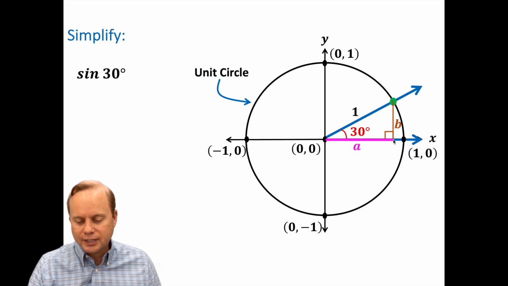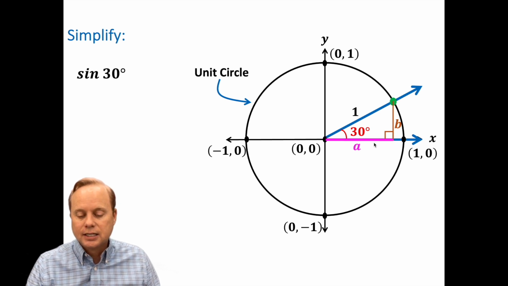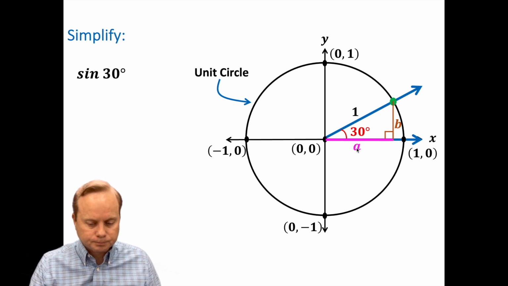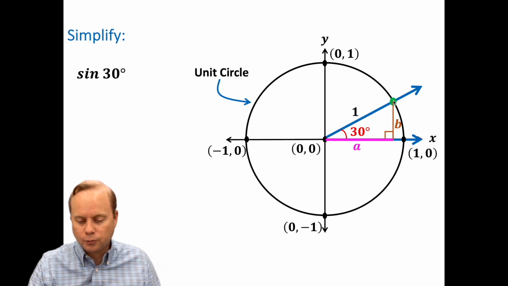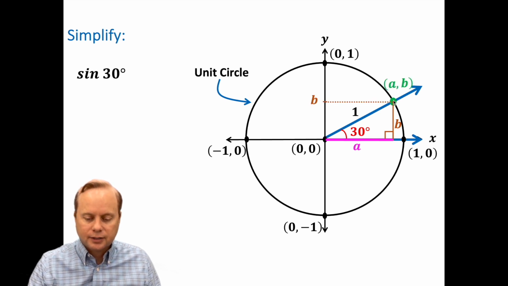We're looking for a specific point here. The distance between the x-axis and that point, we'll just call it B. And the distance between the origin and where B meets the x-axis, we'll call that A. And so our point right here will be (A, B).